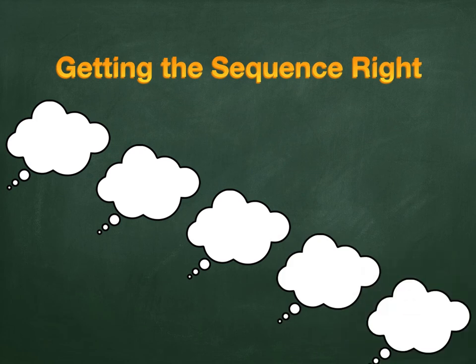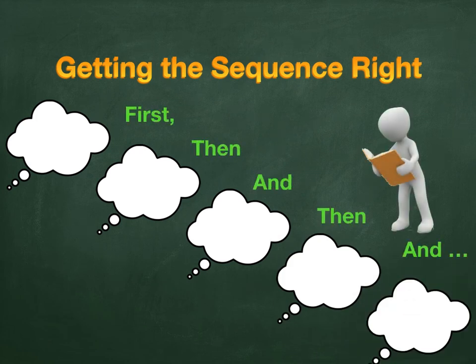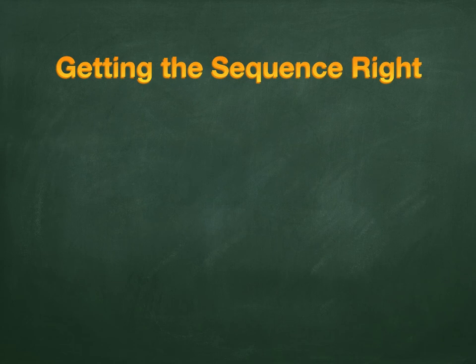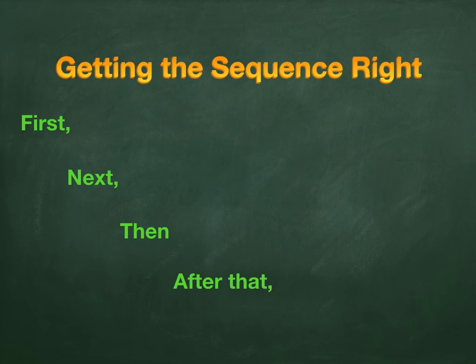Now, beginning sentences just like this doesn't give enough information to your reader or listener to see what's going on. But here are just 4 expressions that are really useful to give a basic sequence of ideas. And here's one more to finish.